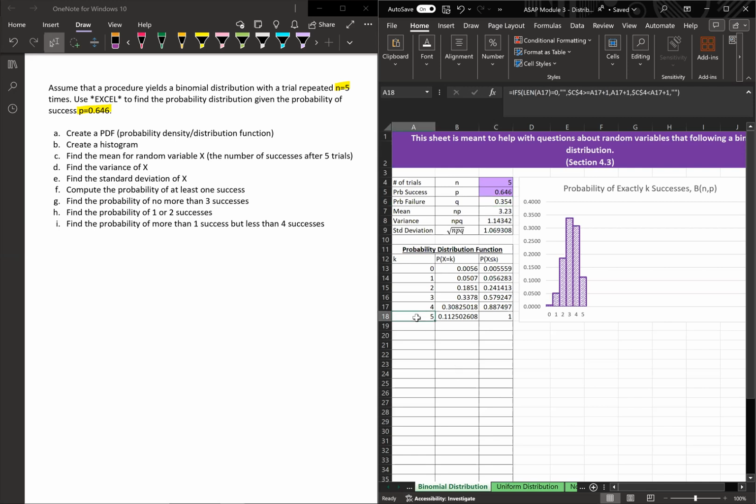The last number in your list, under the K column, the number of successes, should always be the same as your trial size. So this is 5, my trial size is 5, so I'm feeling confident that I've hit enter at all the right times.